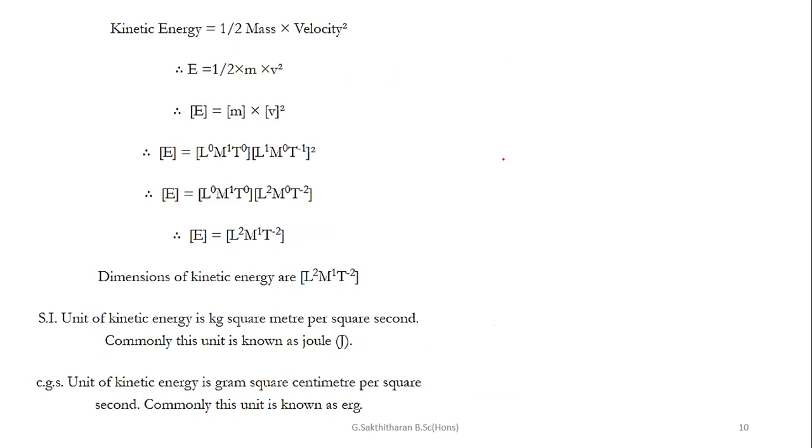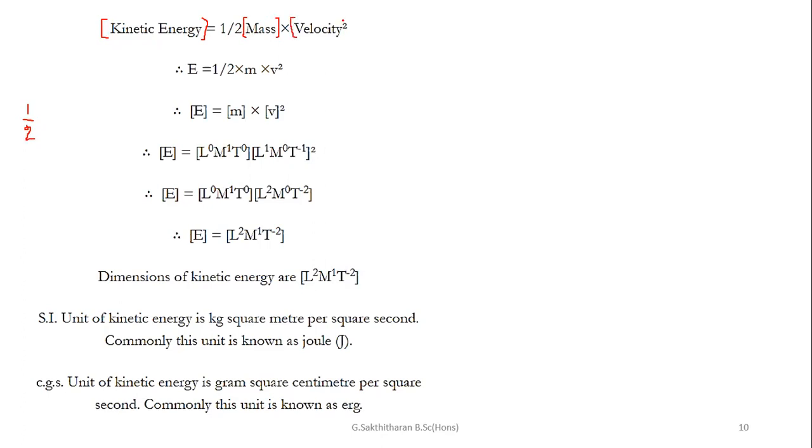Another example, kinetic energy. The dimension of the kinetic energy equals one half mass into velocity square. This one half is a constant, a number value, and numbers don't have dimensions.